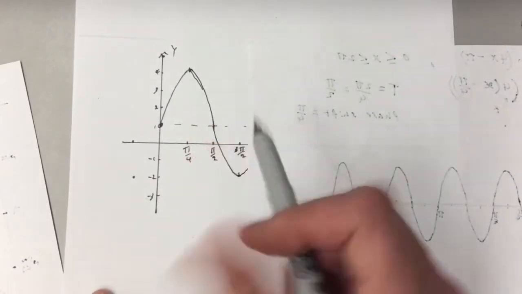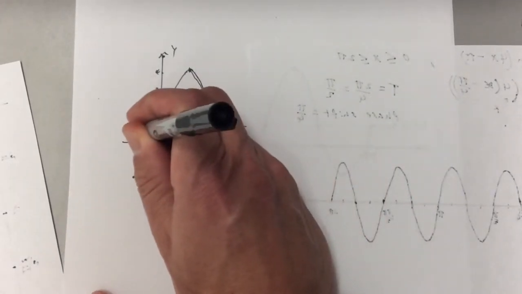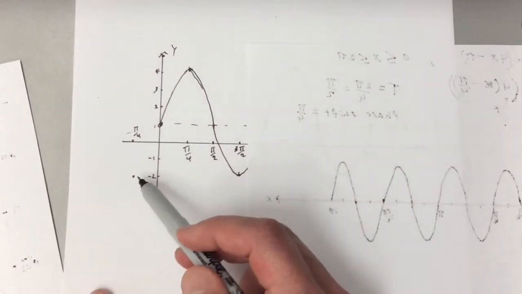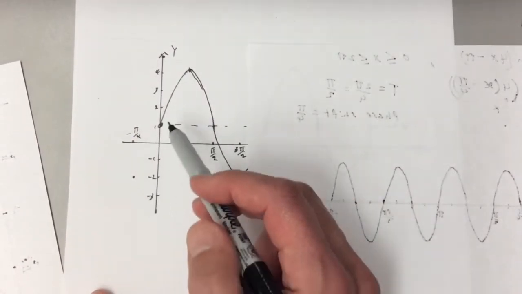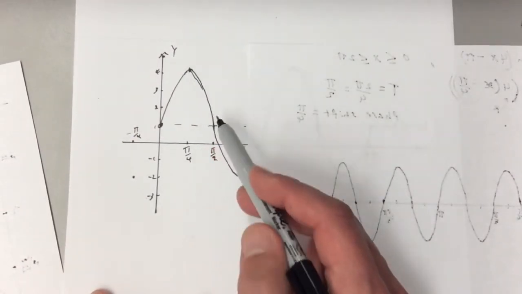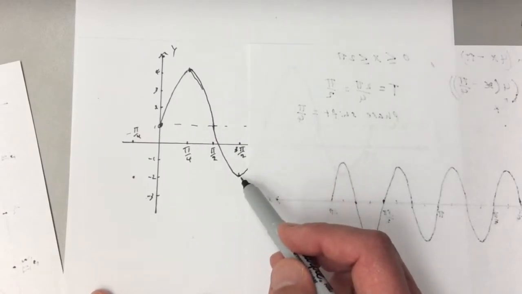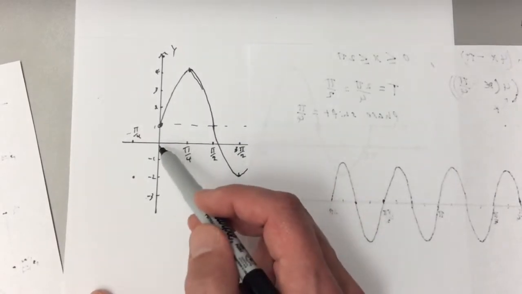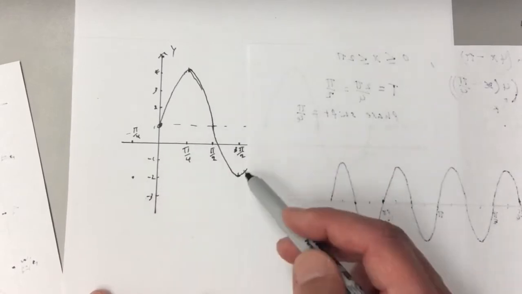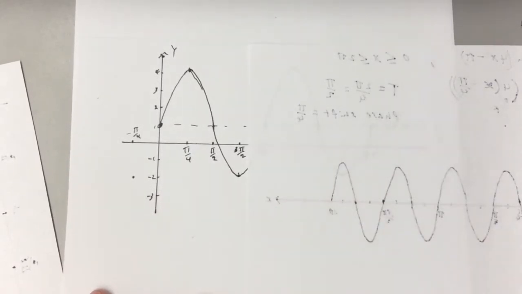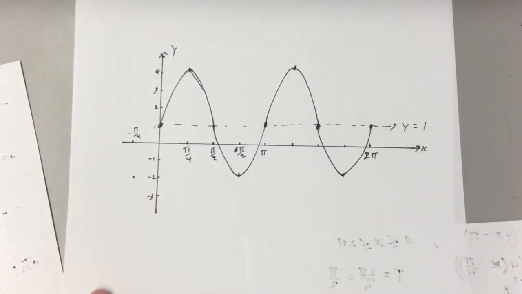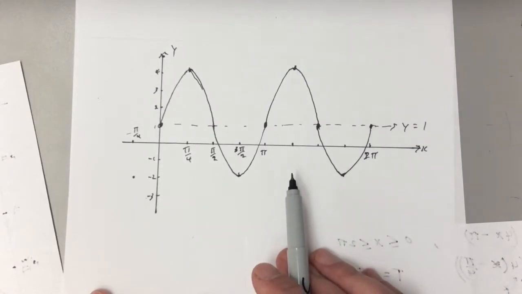There's the first one, negative pi over 4, and that point, and then 0 and 1, and so on, and you got these points here, and that's one cycle. You don't want it less than 0, so I just left the point there, and I kept following the pattern. And then I finish it at 2 pi, and you've got the graph.